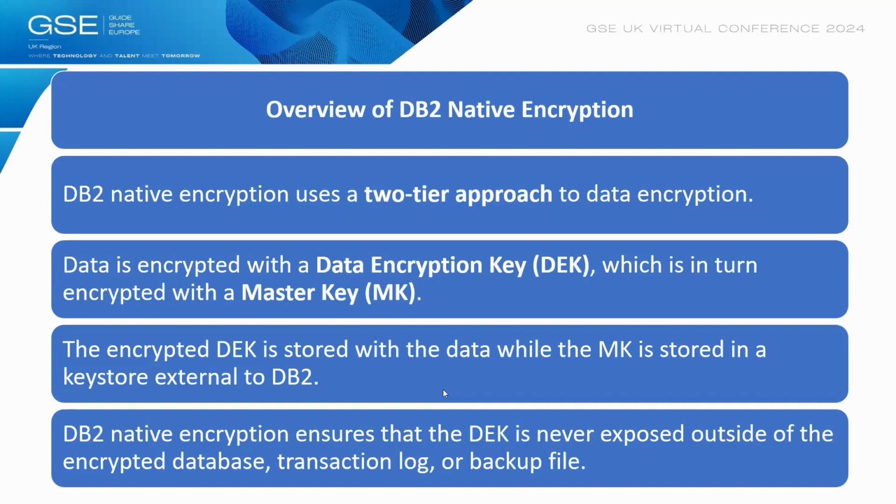The DEK is stored within the data, but the master key needs to be stored externally, and of course it should not be anywhere on the mainframe. Db2 native encryption ensures that the DEK is never exposed outside of the encrypted database, including the transaction log or a backup file.